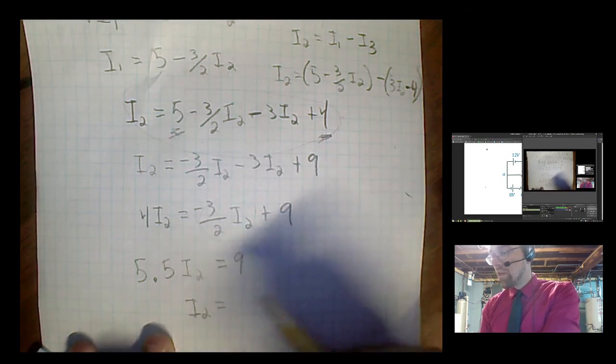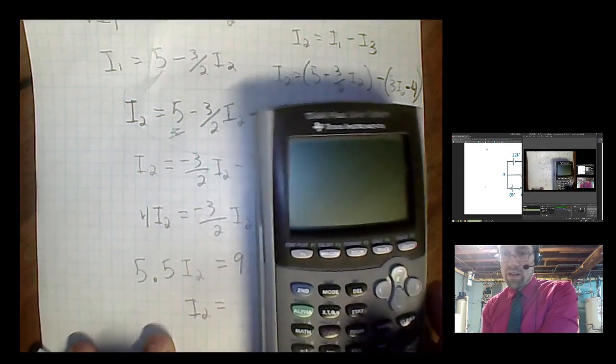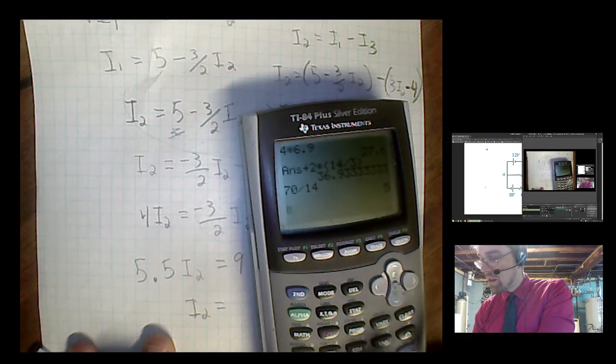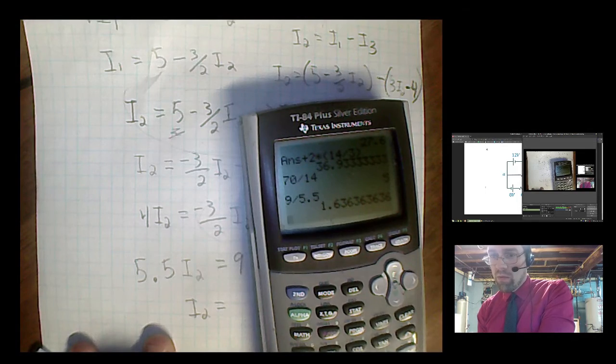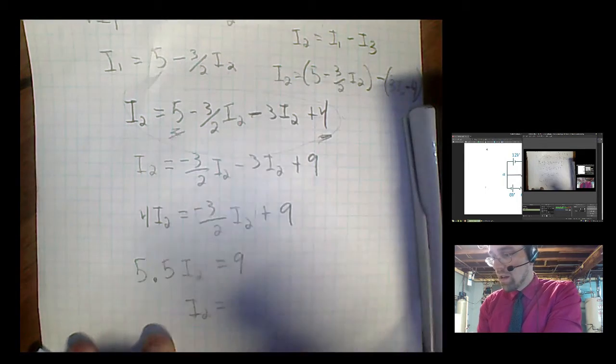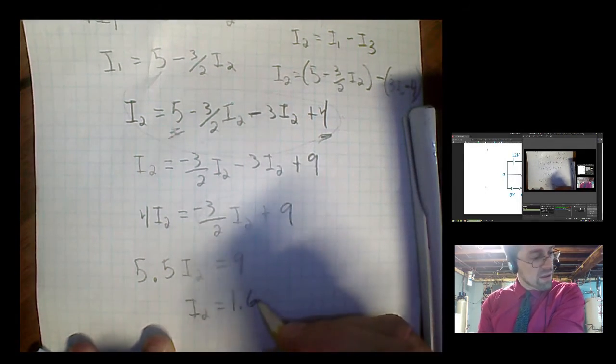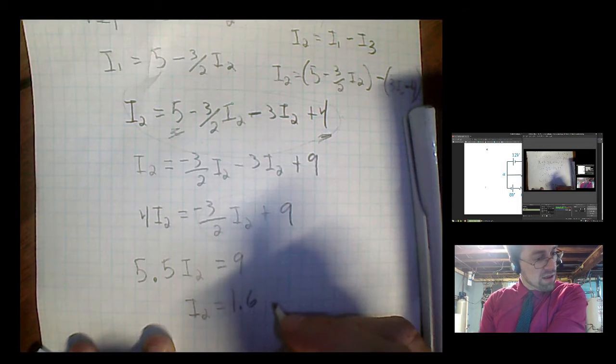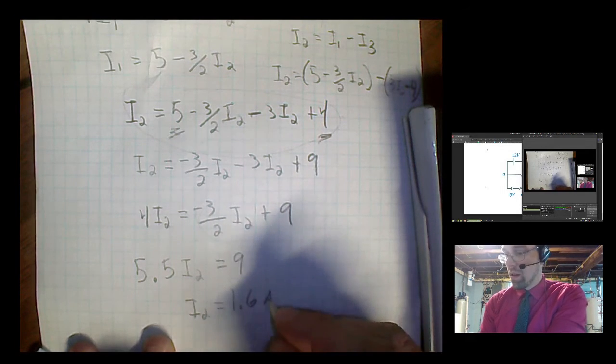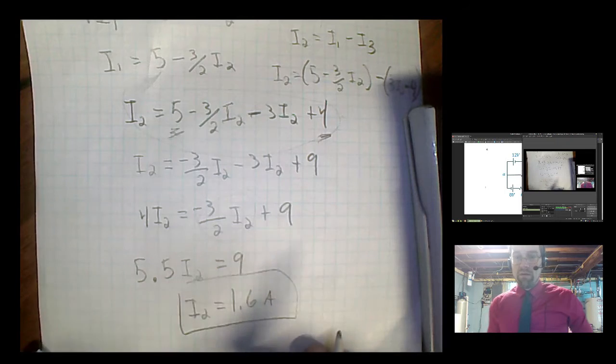All right, 9 over 5.5 is 1.6 amps for I2.